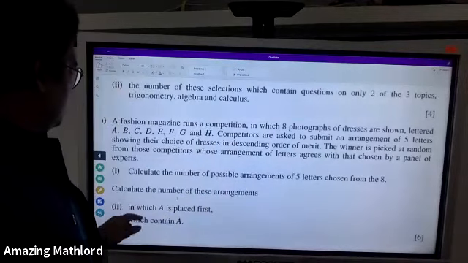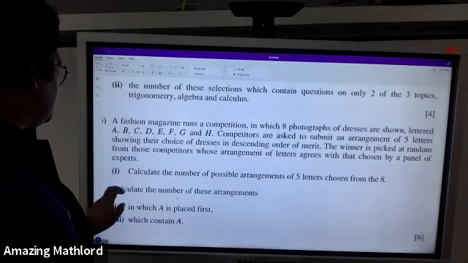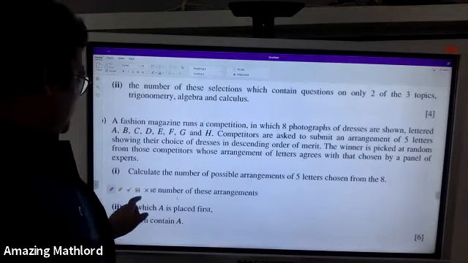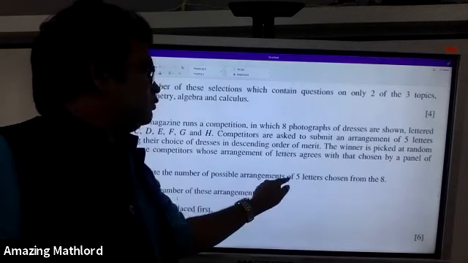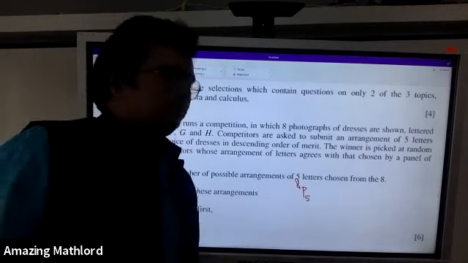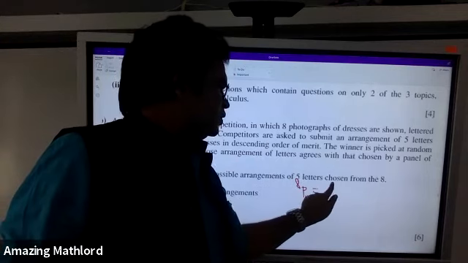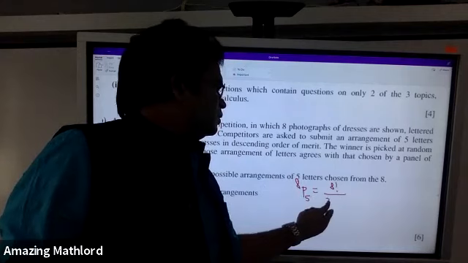So the answer for this question will be 8P5. From 8, you're choosing 5 in a proper order. Of course, you can work this out as 8 factorial over 3 factorial.